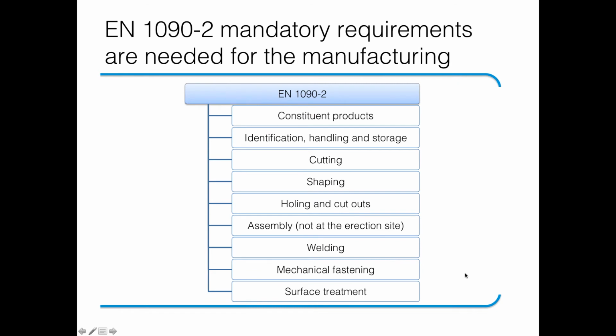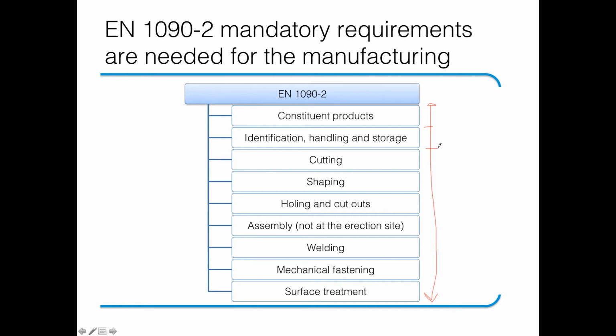And then we have the standard EN 1092 that deals with the whole manufacturing process. If we see this whole process right here, you can see it progresses as the manufacturing would progress. So first we have listed all the constituent products that can be used, like what kind of structural steel or stainless steel we can use to manufacture structural steel products.